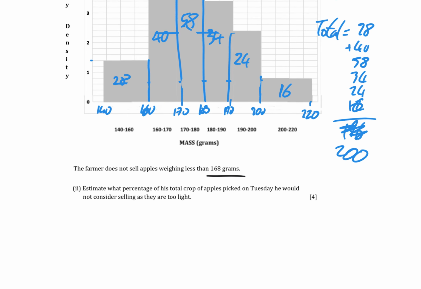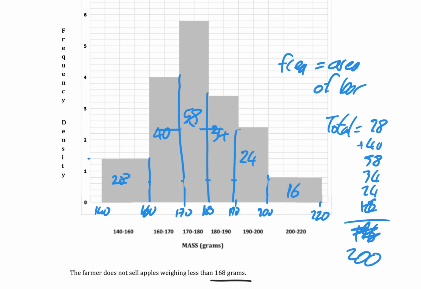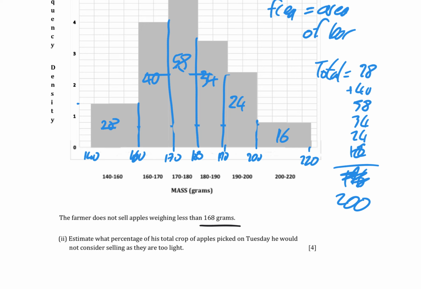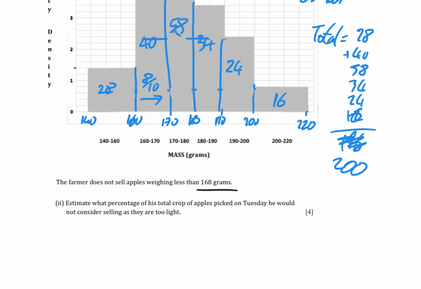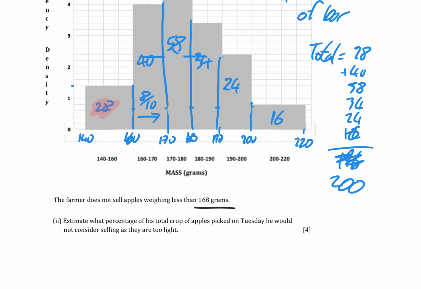The farmer wants to find how many will not sell any less than 168. So 168 is in here, so we're going to use what's called linear interpolation. 168 is clearly 8 tenths of the way through this. In the first box we have 28, and then out of this bar we want 8 tenths of 40.